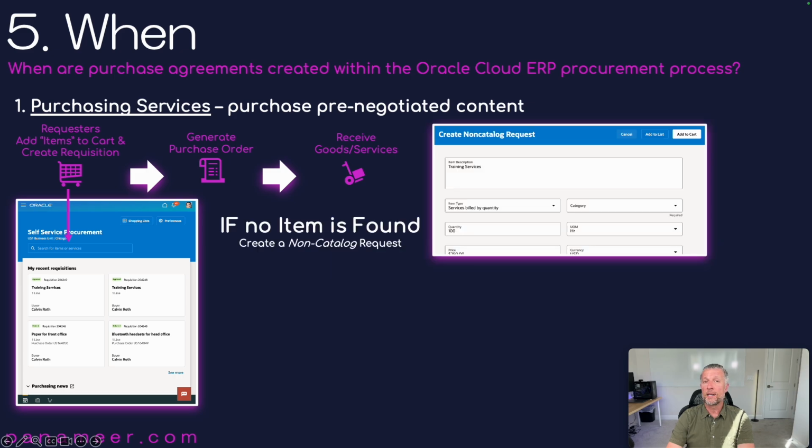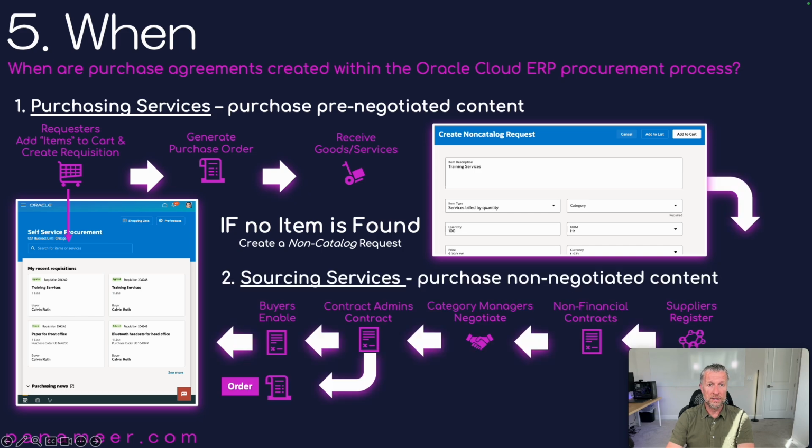Now, if we cannot find pre-negotiated content, then we use a non-catalog request to initiate the non-negotiated procurement process. So pre-negotiated content happens through catalogs, and so it's self-service. Procurement creates it, negotiates it, puts it there, you keep requesting it. But non-catalog requests are initiating the process of non-negotiated content.